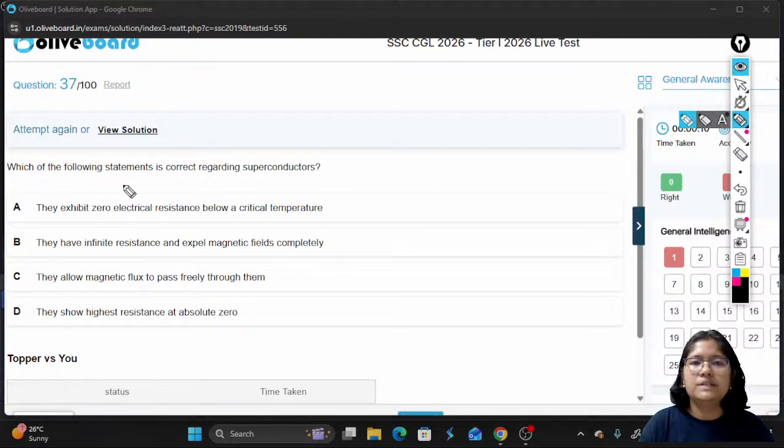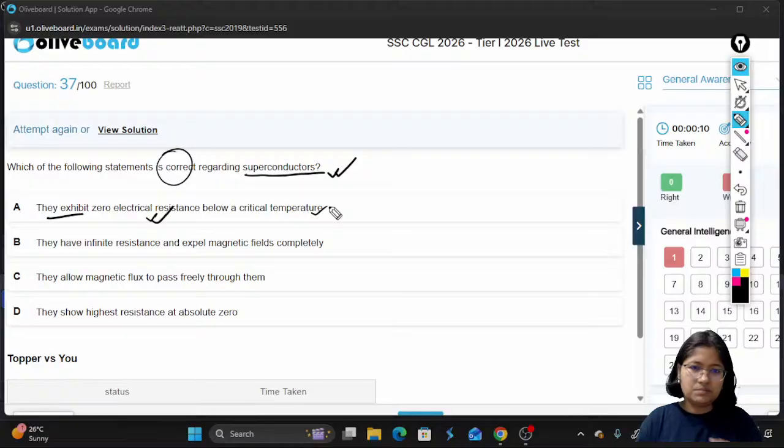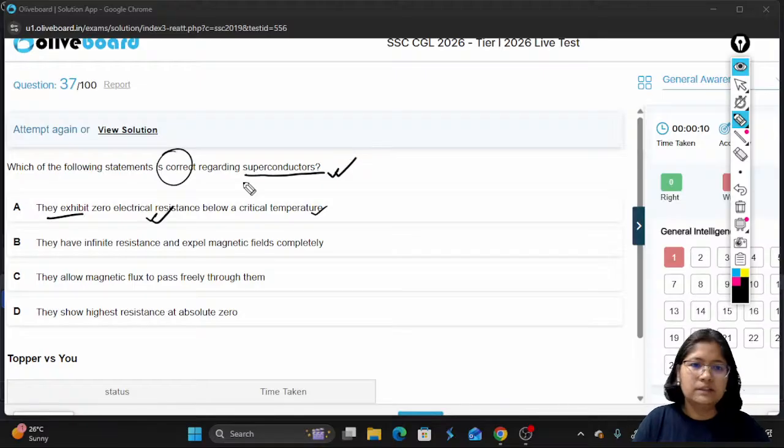Which of the following statements is correct regarding superconductors? They exhibit zero electric resistance below a critical temperature. So superconductors means the electric resistance will not be there. That is why they are superconductors. They have infinite resistance.